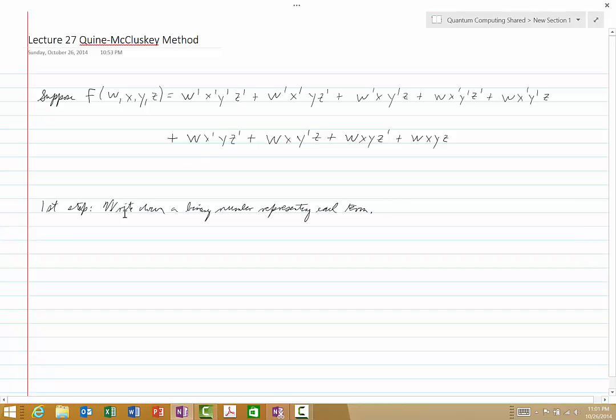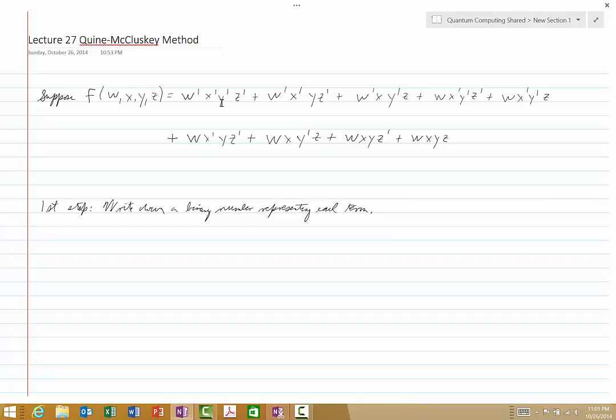And so really, even prior to this first step, you want to make sure that your function is expressed as a sum of min-terms. And if you have some terms that are not min-terms, you can get min-terms from those by anding the expression with 1 written in a convenient fashion.